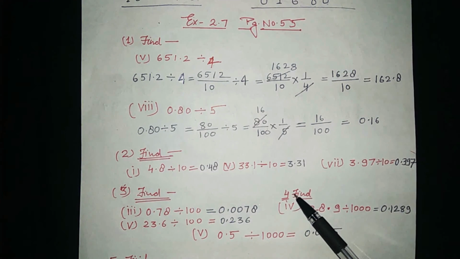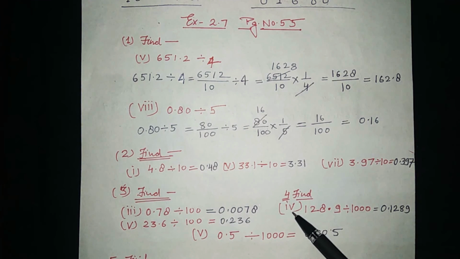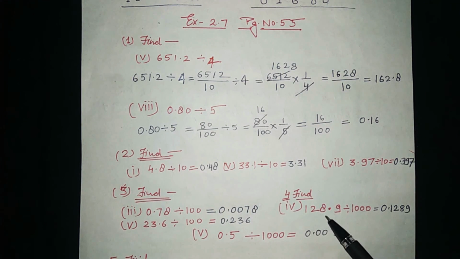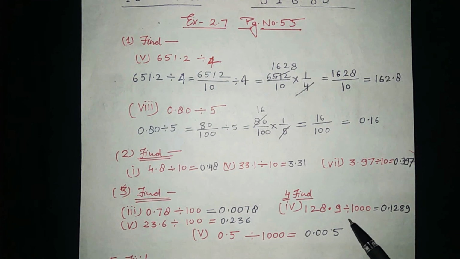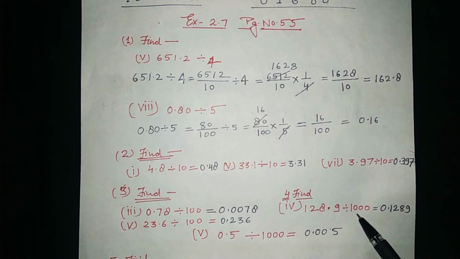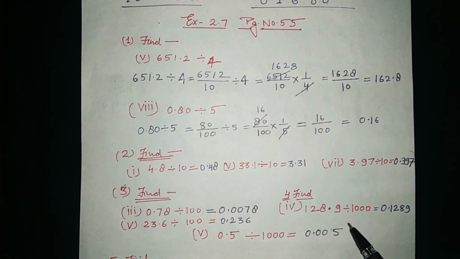Now see the fourth question. In the fourth and fifth part, we can see that we are going to divide decimal numbers by 1000. So when we divide any decimal number by 1000, we will shift the decimal left side by 3 places, because here 1000 has 3 zeros.